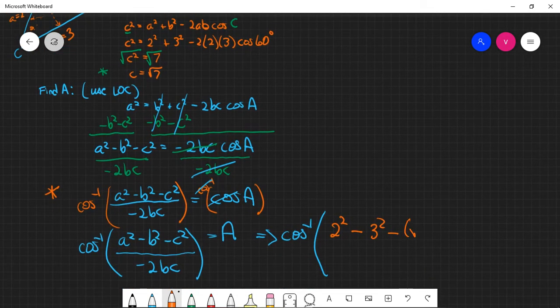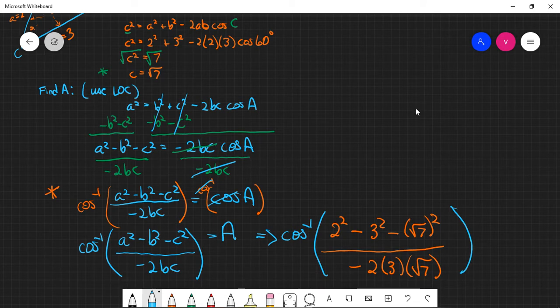Root 7 squared. All of that divided by negative 2, and what was B? 3. What was C? Root 7. Okay? And then close the parentheses.